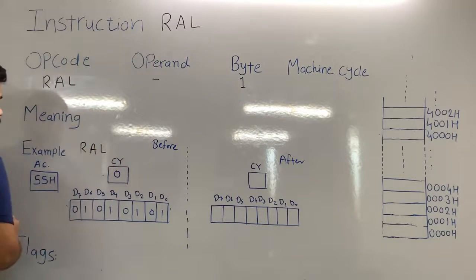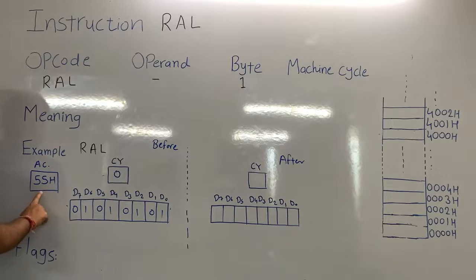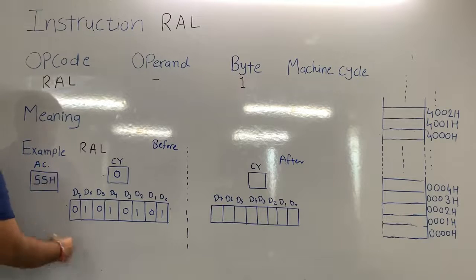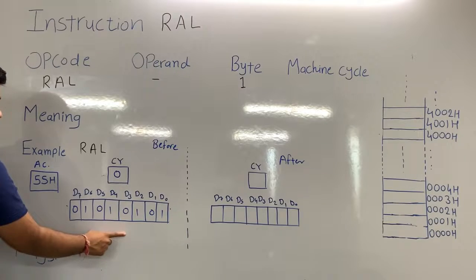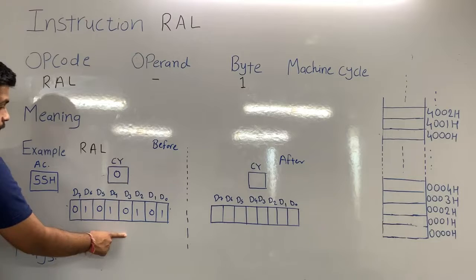Before the execution, you can see that the content of accumulator is 55H. The content of carry flag is 0. Now the content of accumulator shown here is in hexadecimal. If you convert into binary, you can see this data. So the same accumulator is represented in binary, or you can say bitwise.